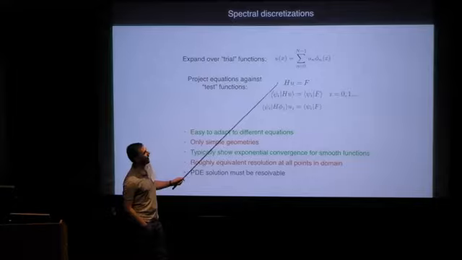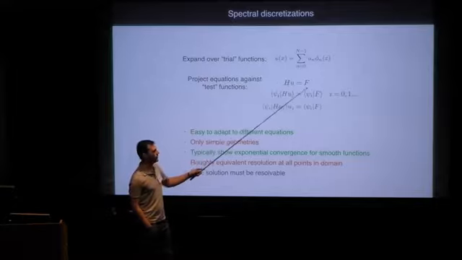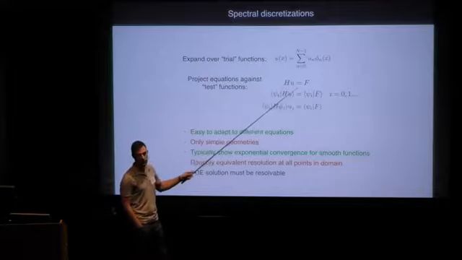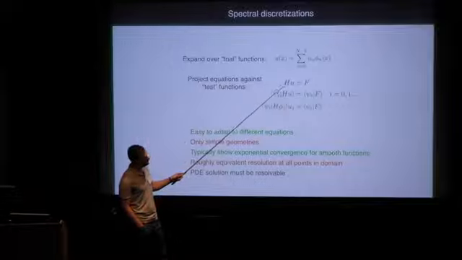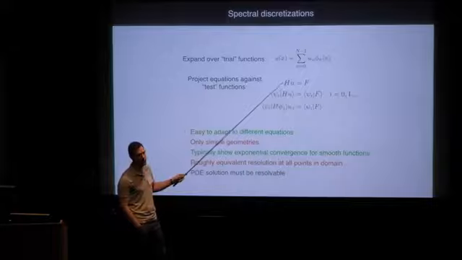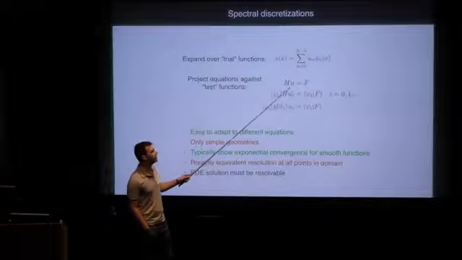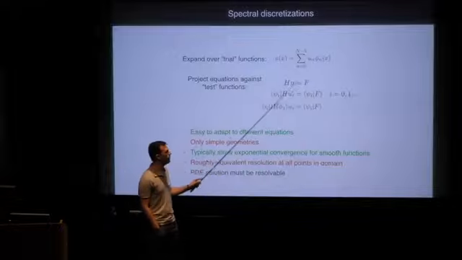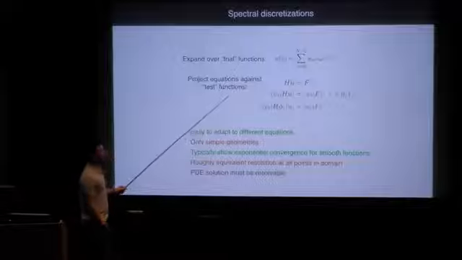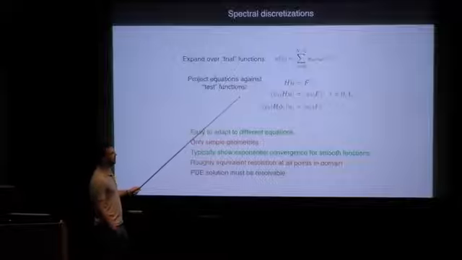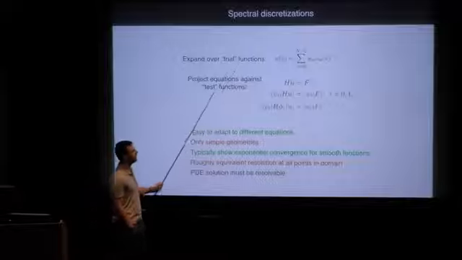And then say we have a partial differential equation, which I'll just write in general as H u = F. H is, here we'll consider it to be, a linear differential operator. F is some function that could be a nonlinear function of u. That's just anything else that we put on the right-hand side. And the way that you solve the equations with the spectral method is by projecting the equation.